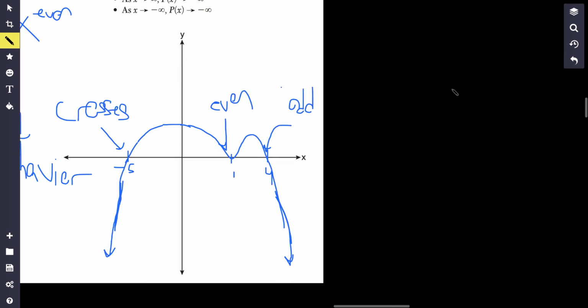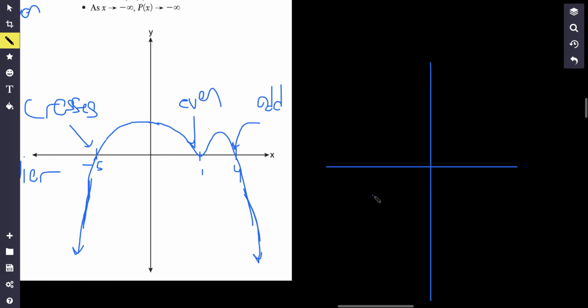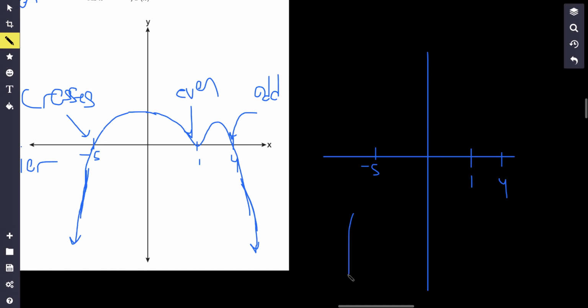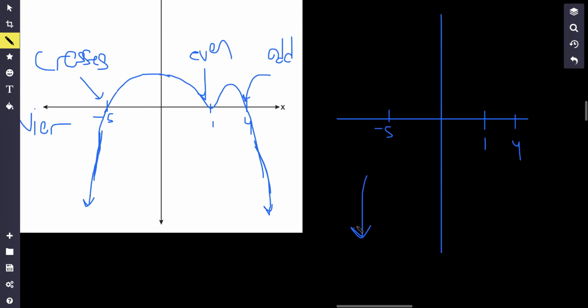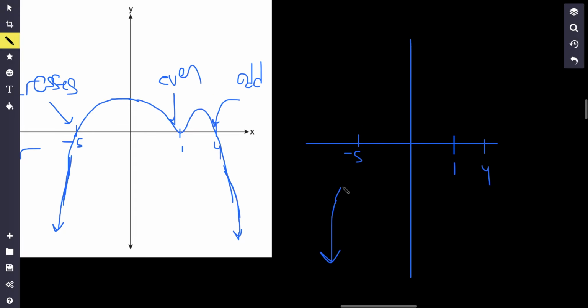Or another way to do this is if let's say you have -5, 1, 4. So it's going to be at negative infinity. And make sure to draw arrows, by the way, because remember it's a polynomial, so it's going to continue on forever. It can cross at x is equal to -5, and then it can go down below 1, then it can go down again.